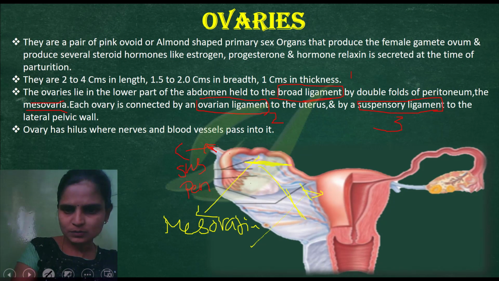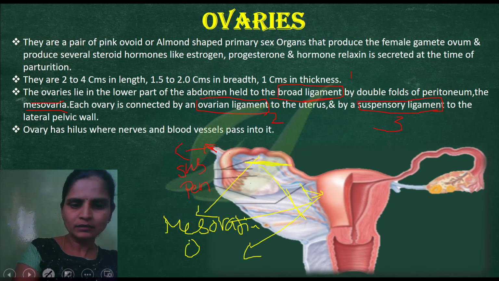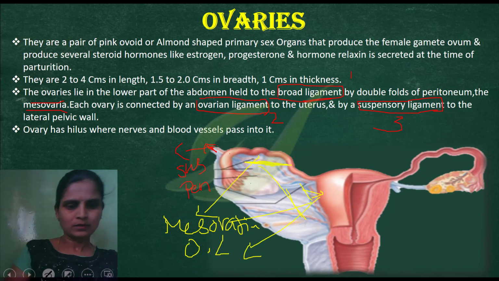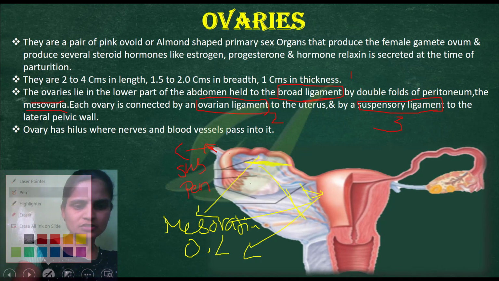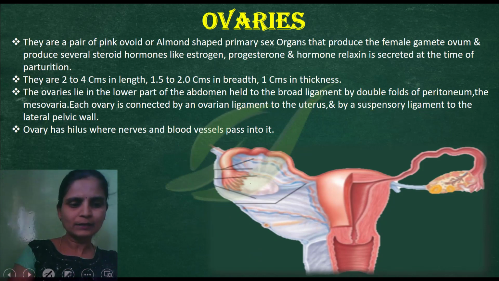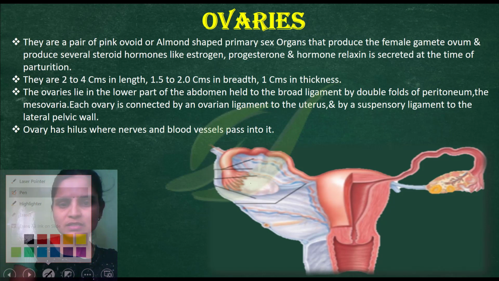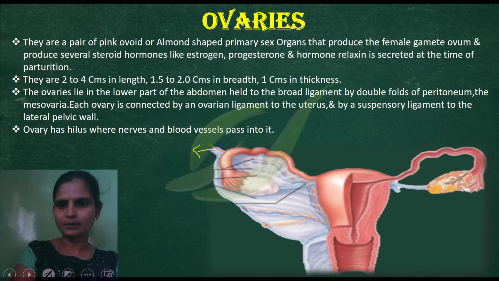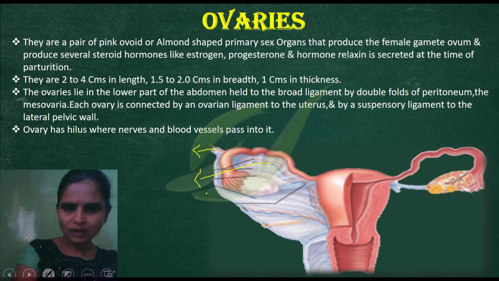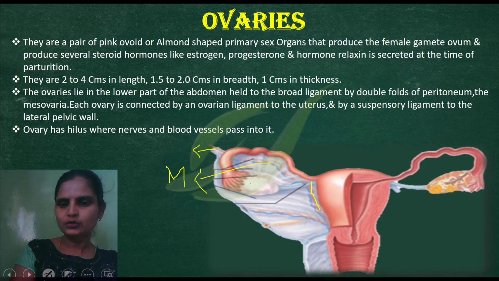As we have discussed, three ligaments are present: the suspensory ligament, the broad ligament, also called the mesovarium, and the ovarian ligament attached to the uterus.